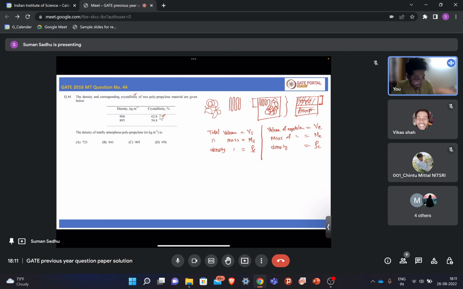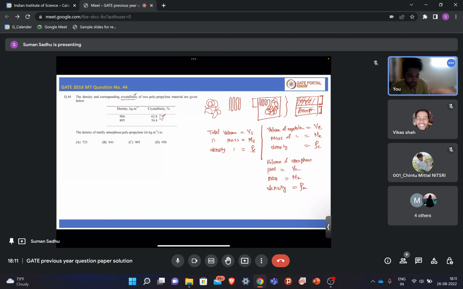Similarly, assume that the volume of the amorphous part is Va, mass is Ma, and density is rho a. Now, what is the percentage of crystallinity?